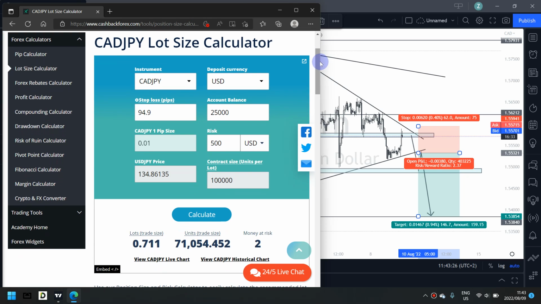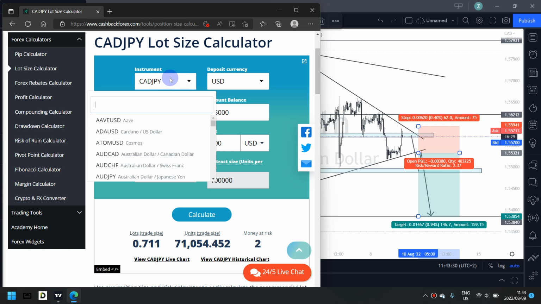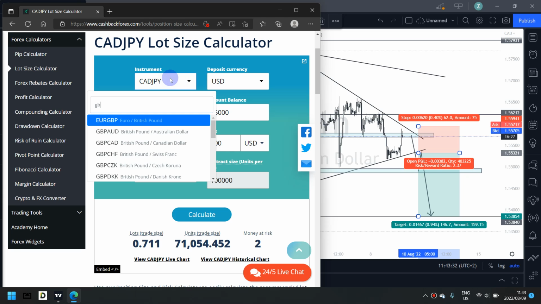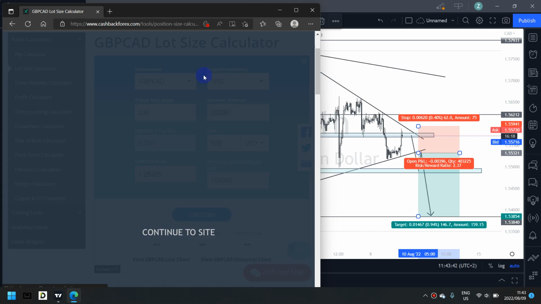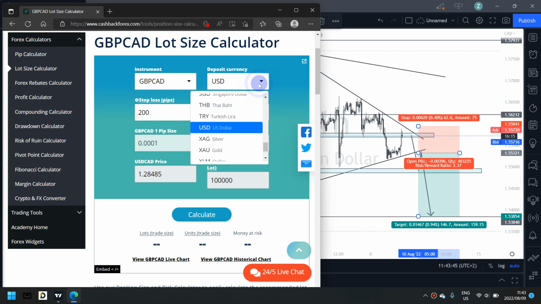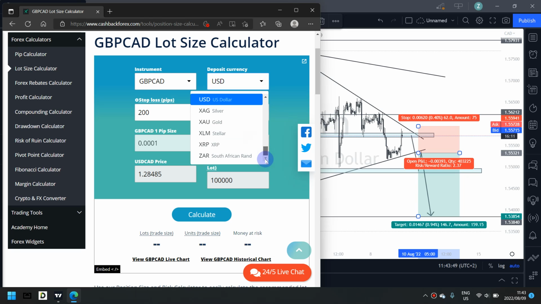As you can see here it says instruments. Our instrument for this page is the GBPCAD, right? Now the deposit currency can be any deposit currency.